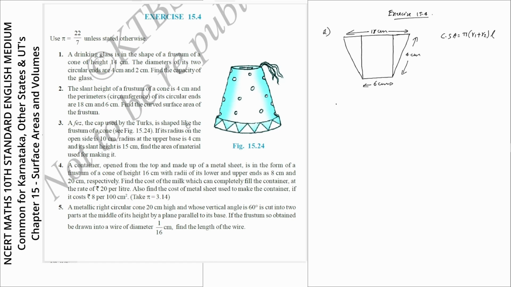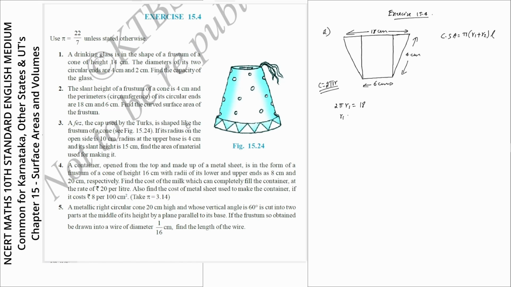So 2 pi r1 is equal to 18. What is the circumference given by? Circumference is given by C is equal to 2 pi r. This is the formula for circumference. So if r1 is the radius of the top circle, 2 pi r1 is equal to 18.